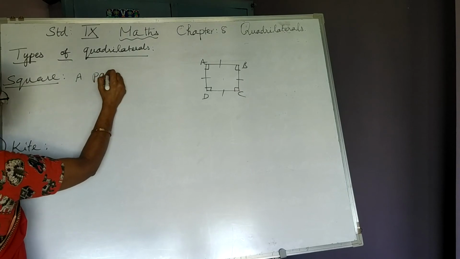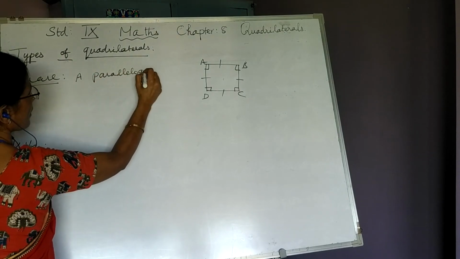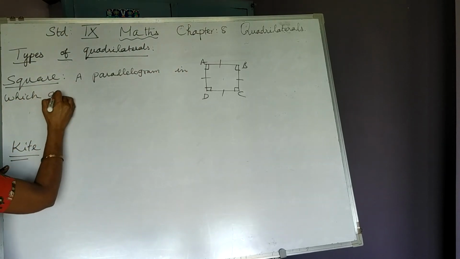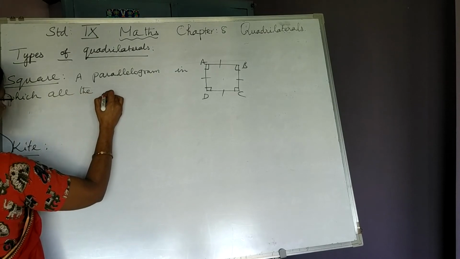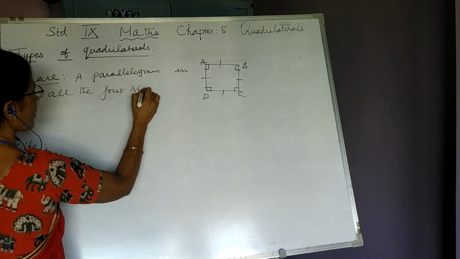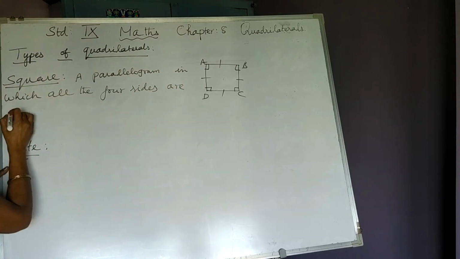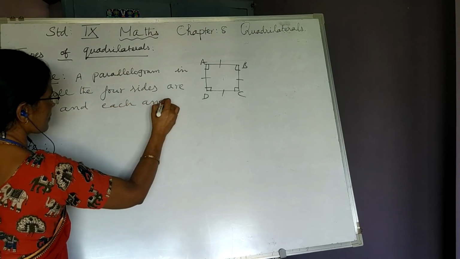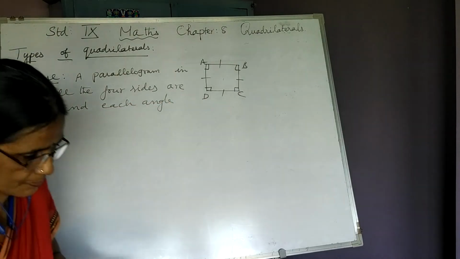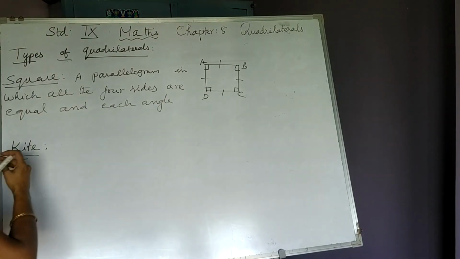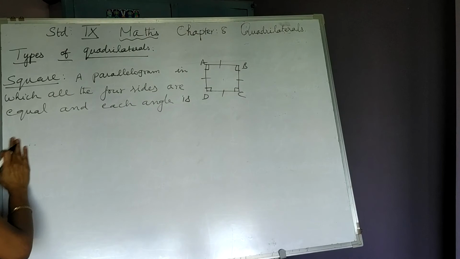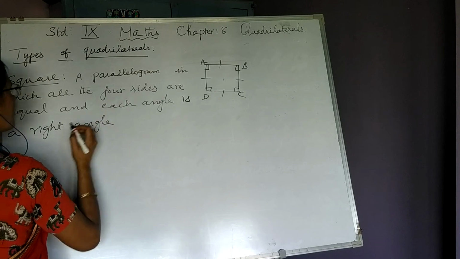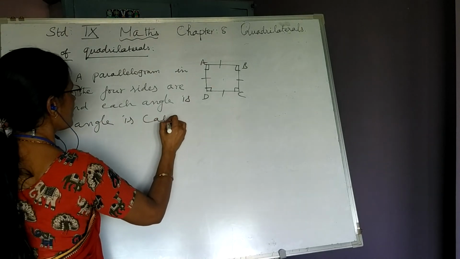A parallelogram in which all the four sides are equal and each angle is a right angle is called a square.